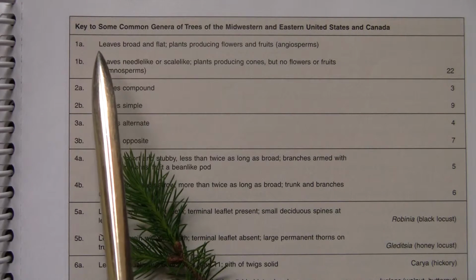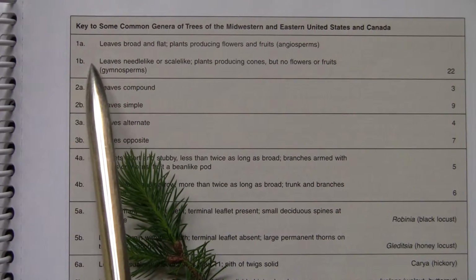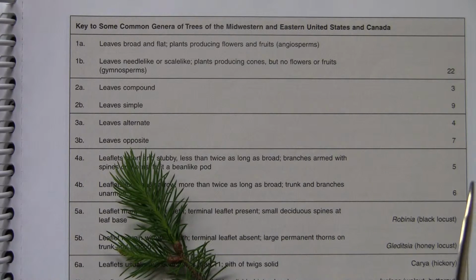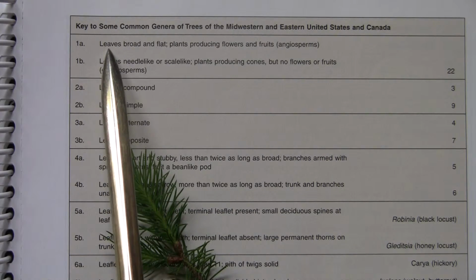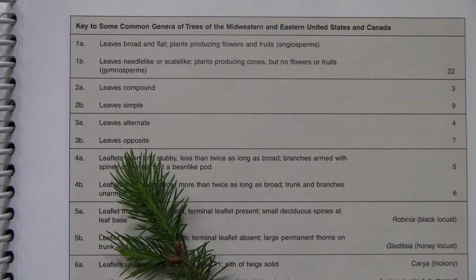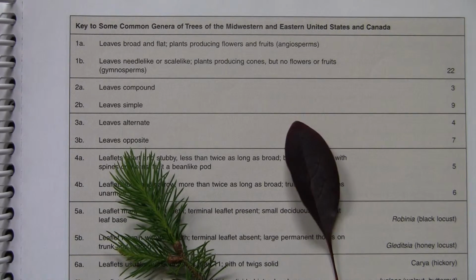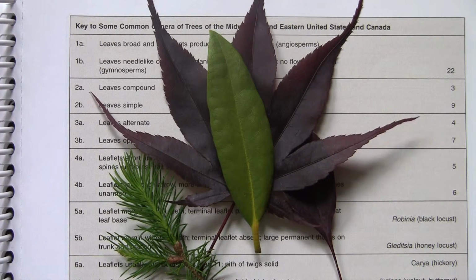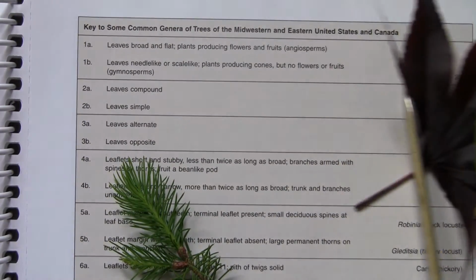Here we are. We have the first set of characters that you are able to see in the form of 1A and 1B. Where does it take us? It says leaves are broad and flat. You saw the leaves were flat and they were broad. They were flat, alright, but we didn't want these, so we take them off.